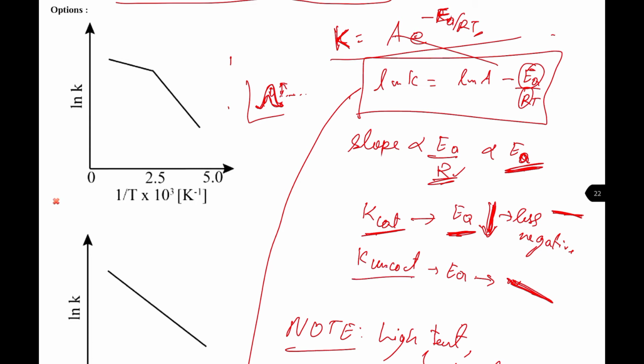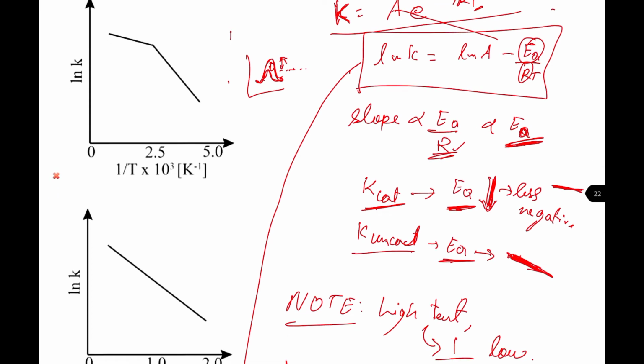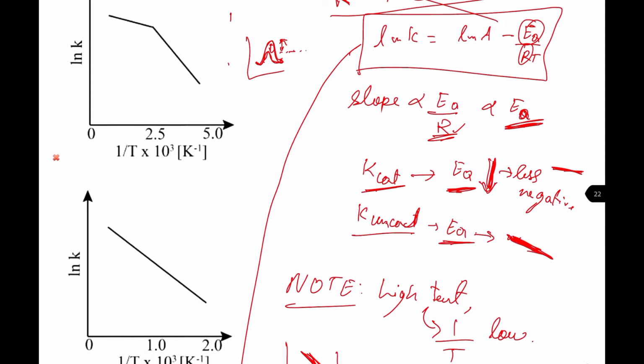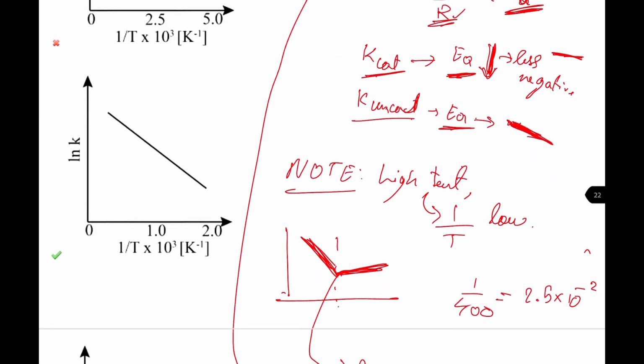K uncatalyzed will have the real activation energy, so it will have a more negative slope. So this will be more like a straight line and this will be more like a steep curve.